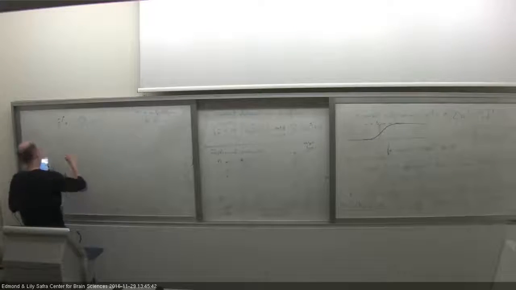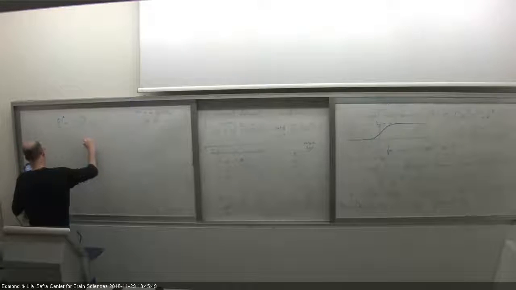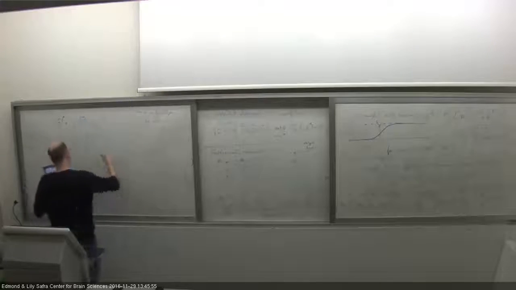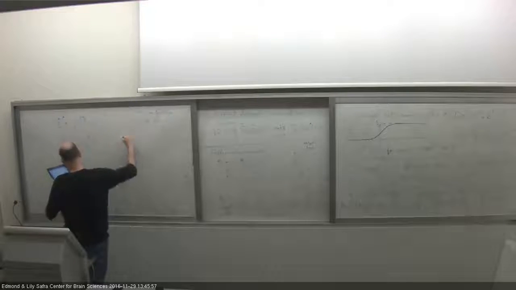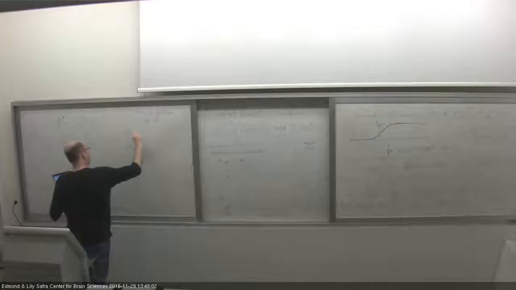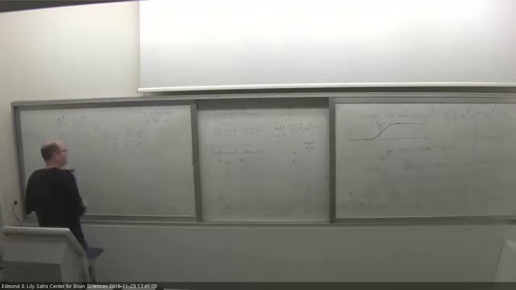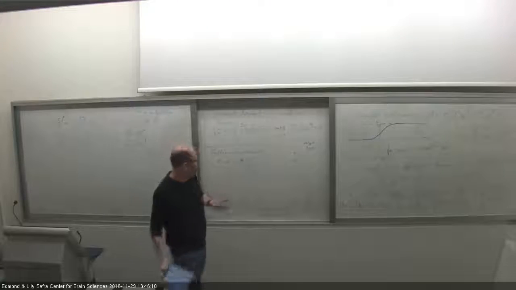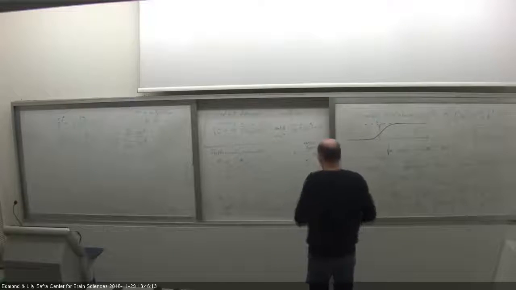So we need to calculate things like the derivative with respect to w_ij^L, where L is any layer in the network, of 1 over p, sum over mu going from 1 to p, of epsilon mu. So this is the derivative of epsilon mu with respect to w_ij^L.